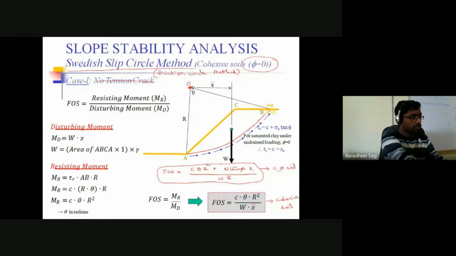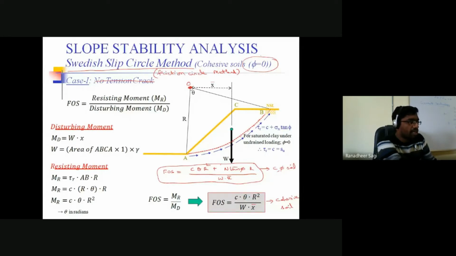Now, let's quickly go on to understand something more than what we have talked about. In continuation to these fundamental concepts, I'll introduce what is called the stability number, given by Taylor, which we call the Taylor stability number.